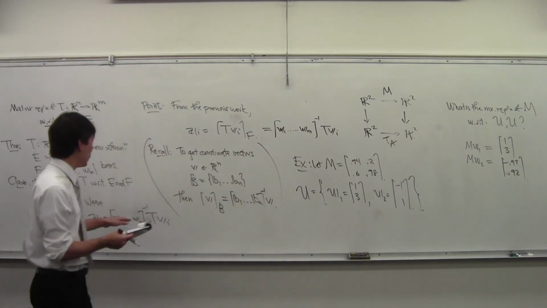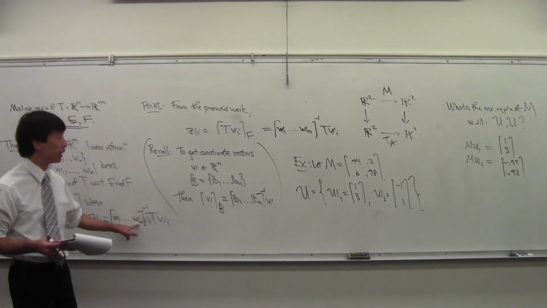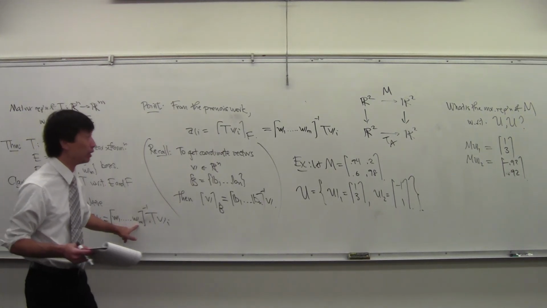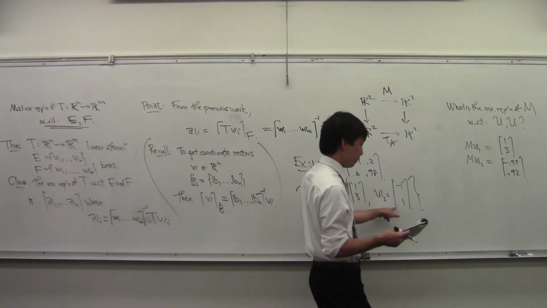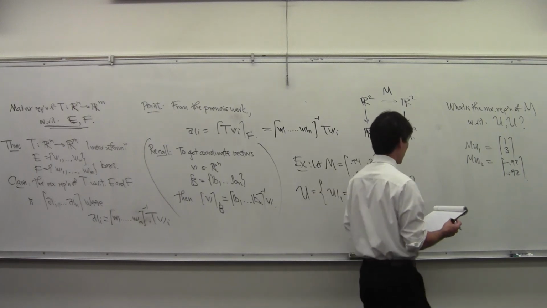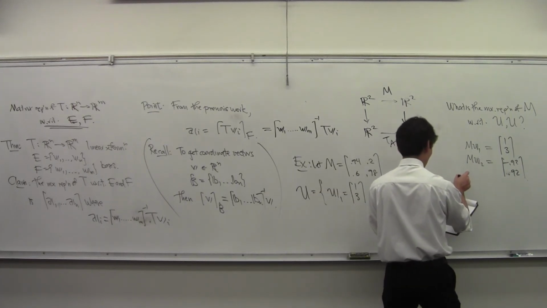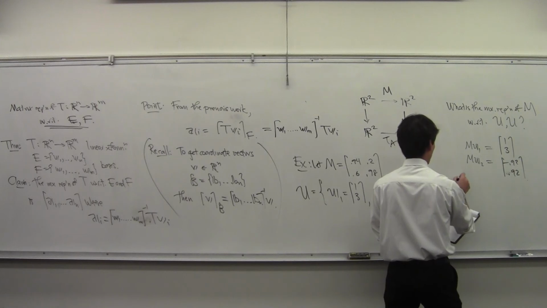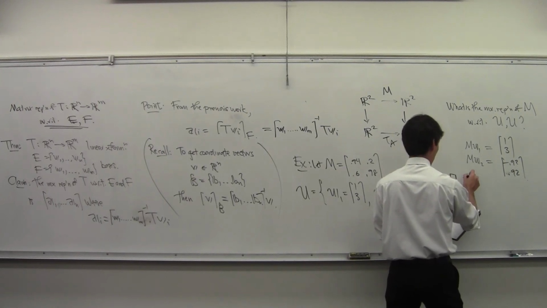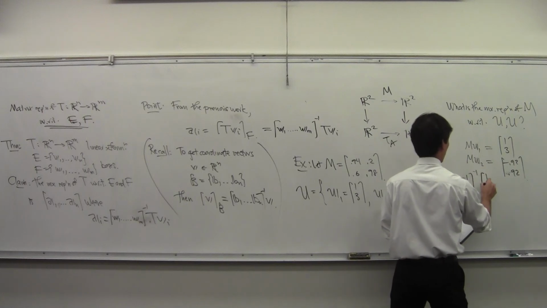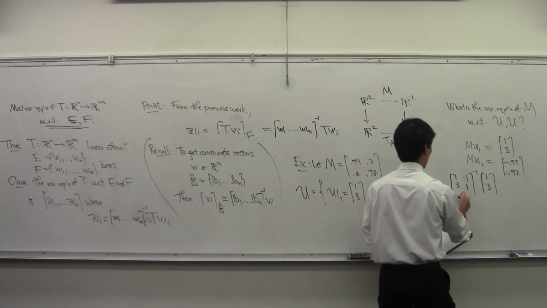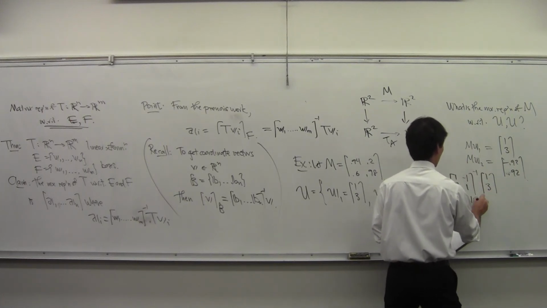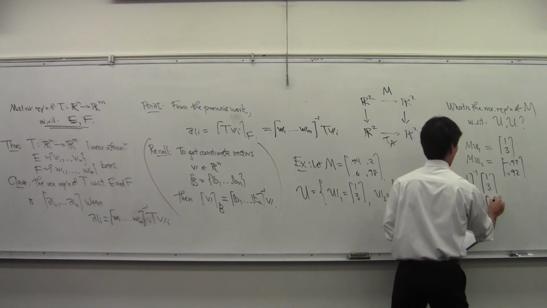Then you hit those on the left by the inverse of this basis. So you take (1, 3), (-1, 1) inverse times (1, 3), and (1, 3), (-1, 1) inverse times (-0.92, 0.92).